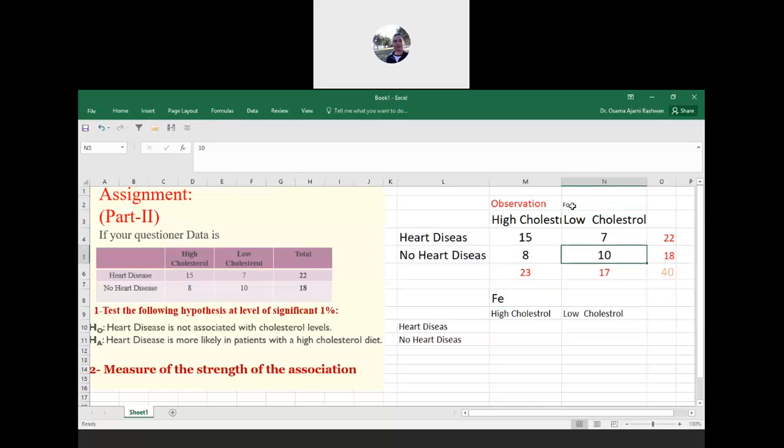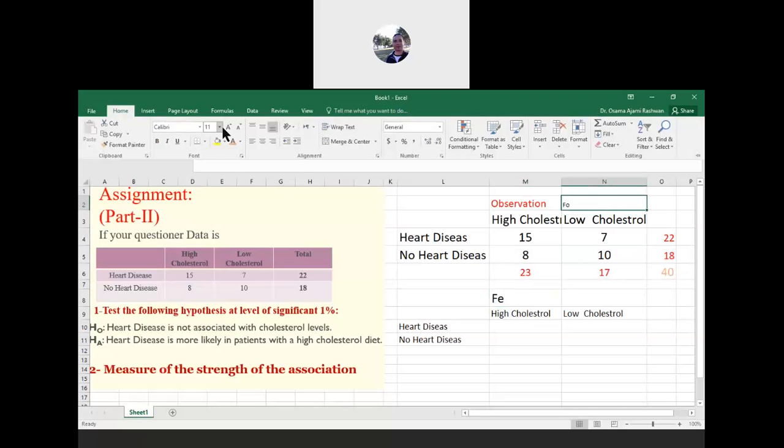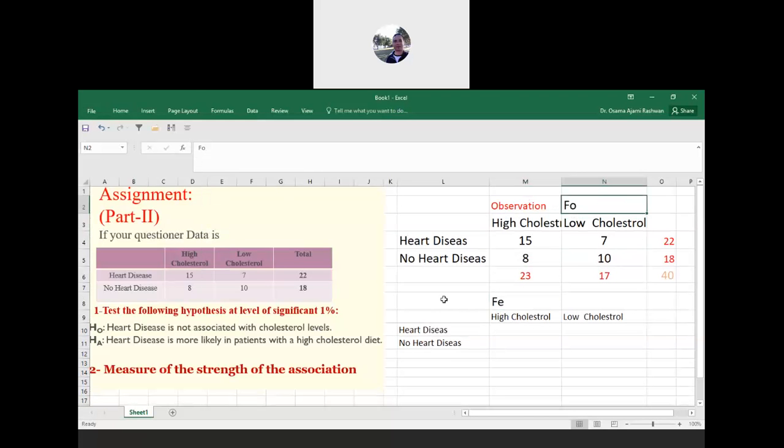Okay. Now, how can you find this one? We said use equal to calculate anything in Excel. So what you are going to do, you multiply the sum of the row, multiply means star, by the sum of the column, dividing by this total number, right?